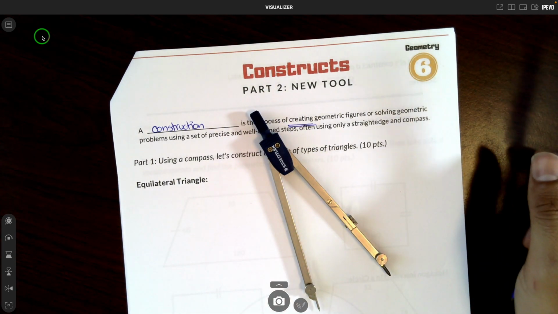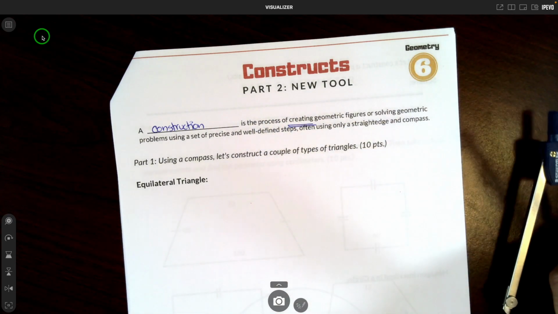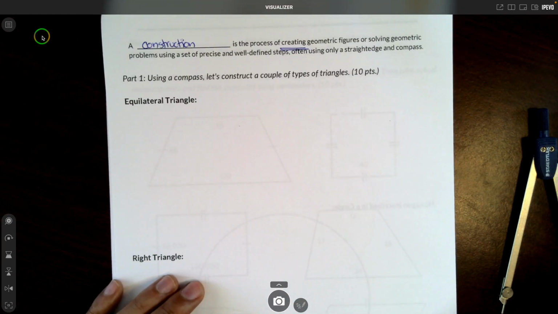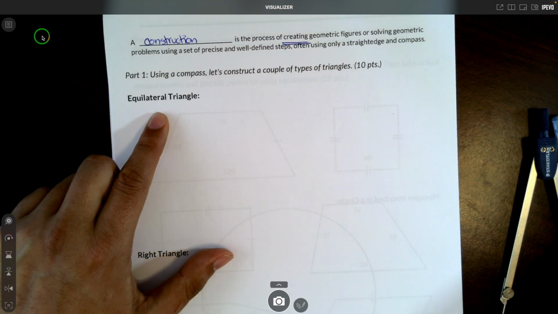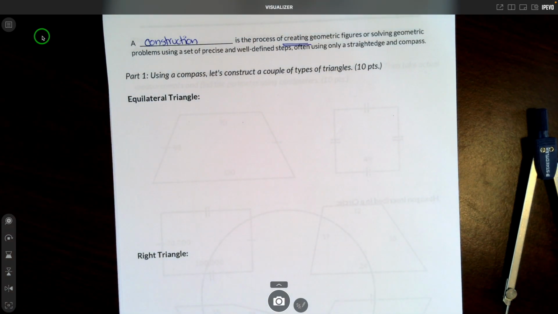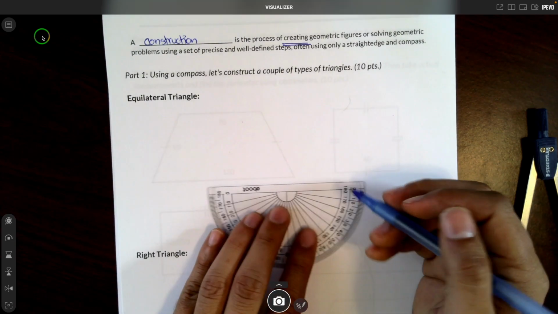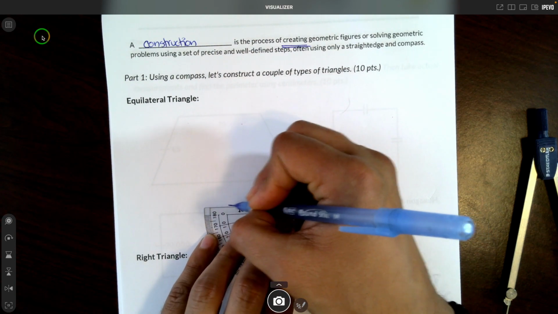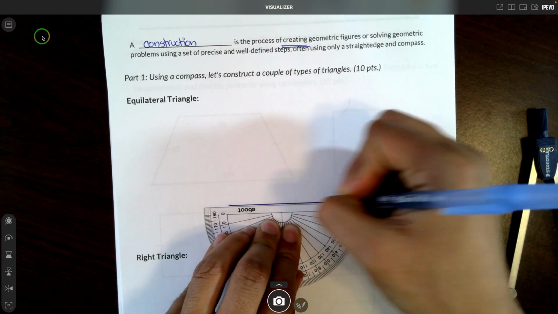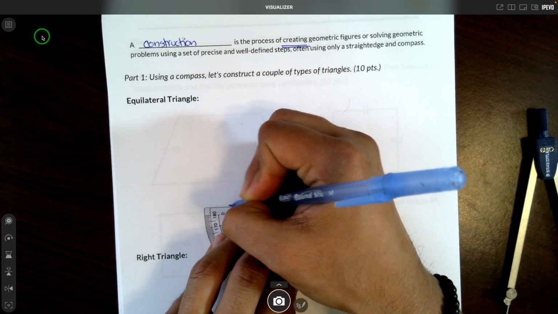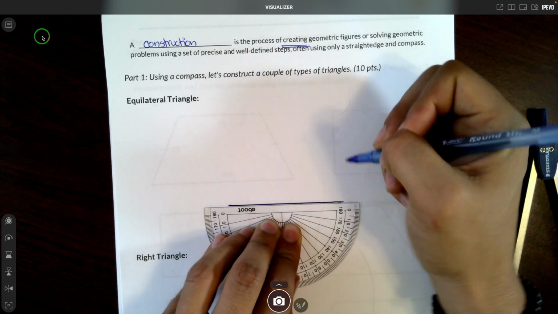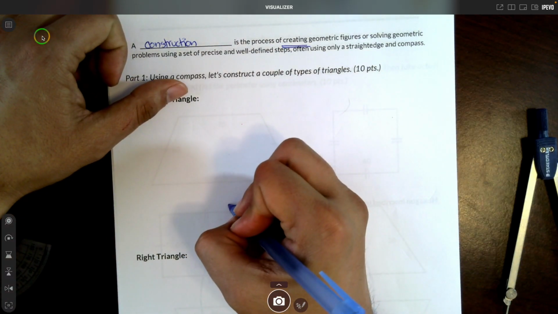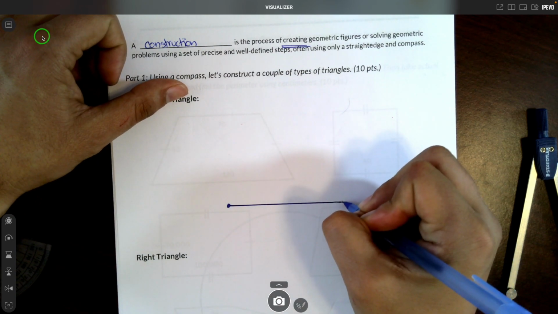So anyways, let's do one of the easy constructions. Let's do an equilateral triangle. Okay. So I'm going to go ahead and just draw a line. I'm going to label the endpoints.